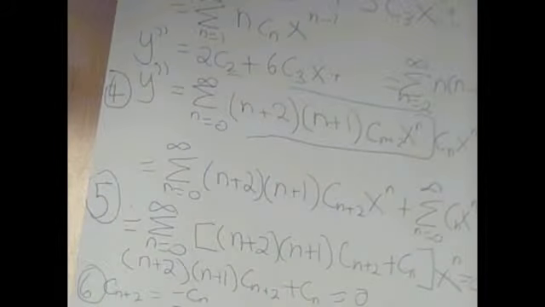We're going to call this equation 6, and this is called the recursion relation. If c0 and c1 are known, this equation allows us to determine the remaining coefficients recursively by putting n equal to 0, 1, 2, 3 in succession.